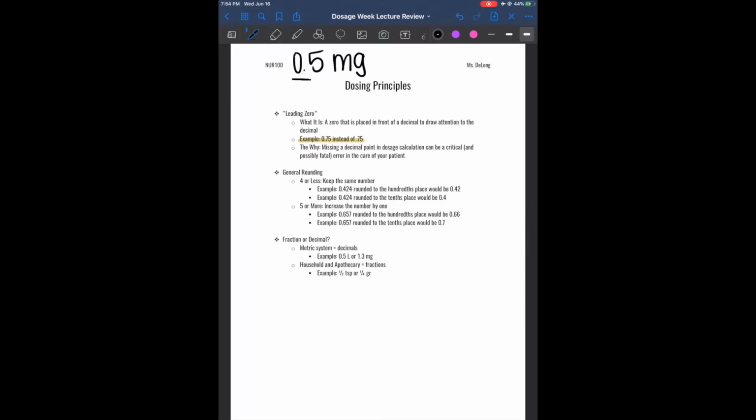So what if I'm looking at the computer to quickly see how much I need to give, and I just see .5 milligrams? Well, I'm looking quickly, so I could miss that decimal, and instead, I could see 5 milligrams. Which is very different from 0.5. And Ativan is a strong sedative that could cause respiratory failure in my patient.